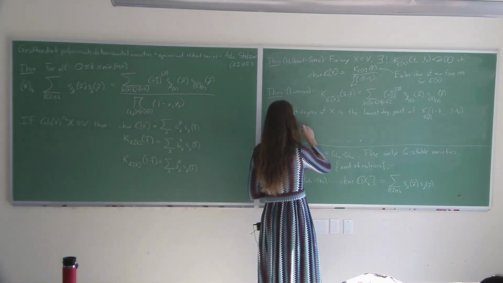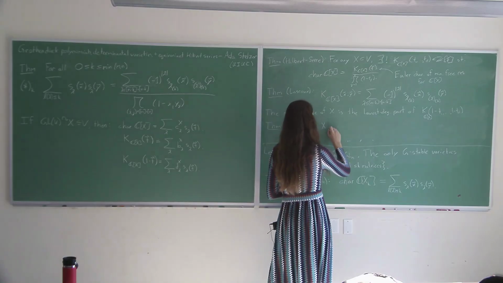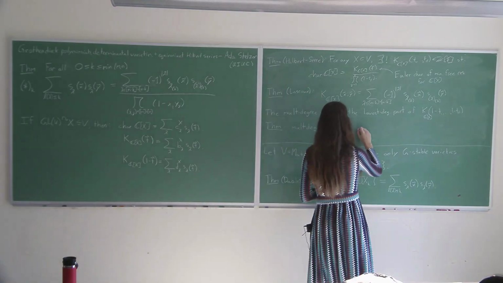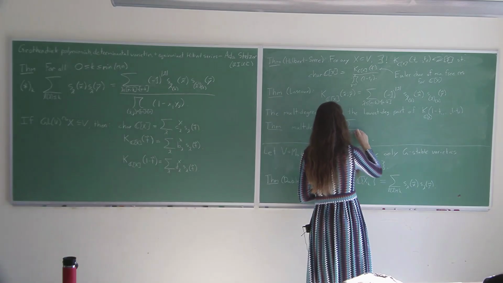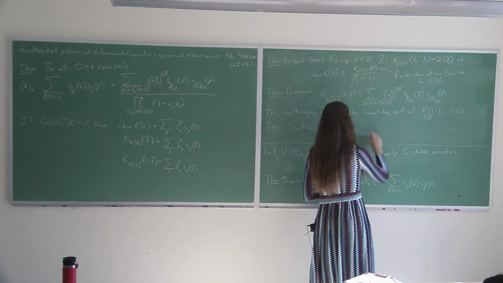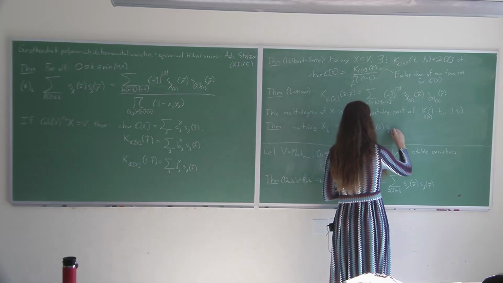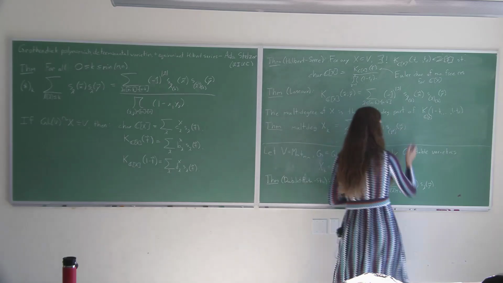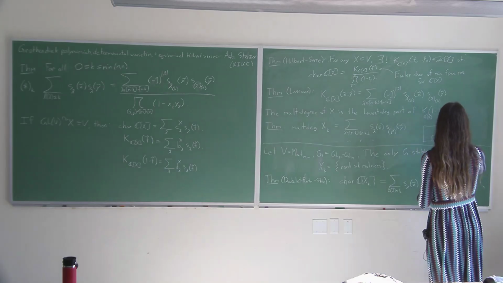But the multi-degree of a classical determinantal variety is given by the sum over lambda contained in m minus k times n minus k of s lambda in our x's times s lambda star transpose in the y's, where what's the relationship between lambda and lambda star?